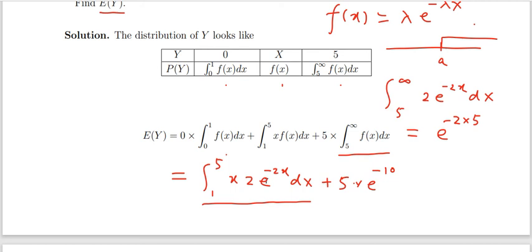You try to do this quickly, but the first thing is to make things simple with a substitution. So we let negative 2x equal t. Okay, then dx becomes negative half dt.